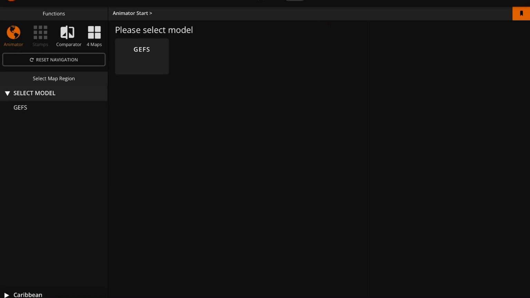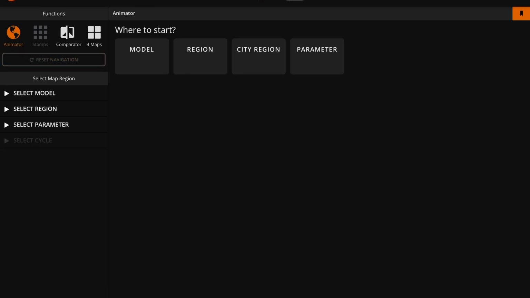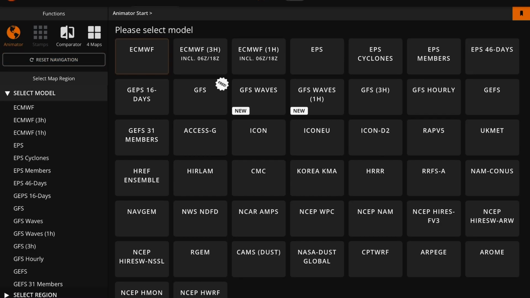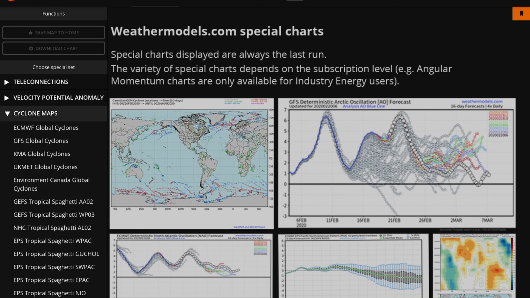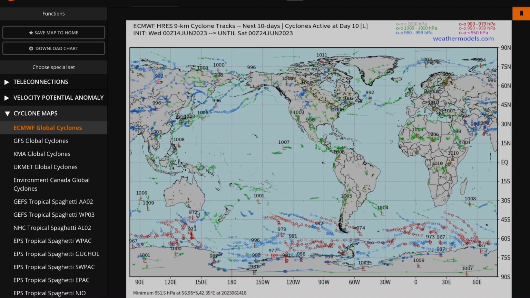And if we go back then and we go to special charts, cyclone maps, we do see ECMWF showing a potential tropical storm in the MDR, but right now it's just really showing a weak low pressure, but it is still something to start with.